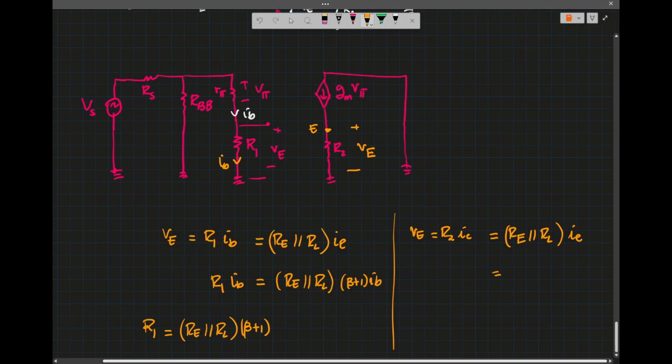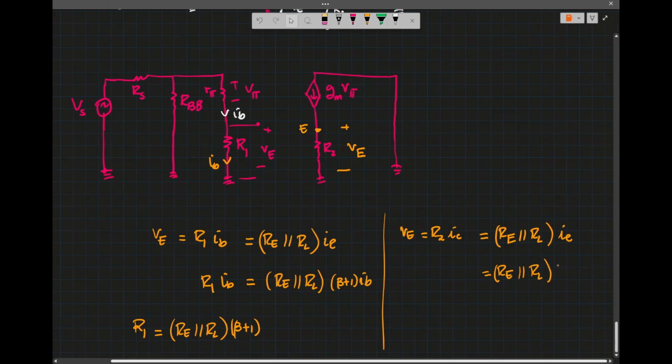So that gives me RE parallel R load times IE, and IE is beta plus 1 times IB, and this is R2 times beta IB.